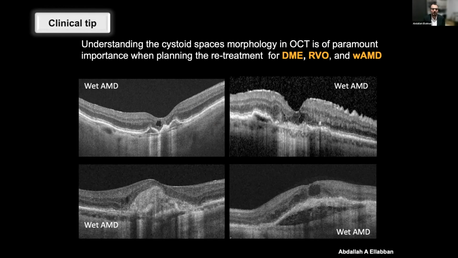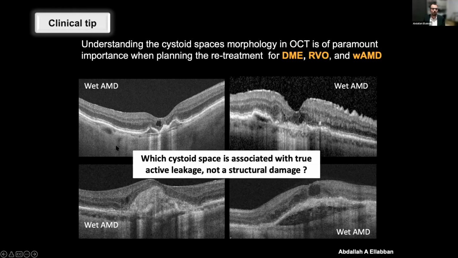So it's a sign of damage of the retina, and this can give us some insight when we start treating these cases. Interestingly, in wet AMD or other pathologies, sometimes these structural cysts are a sign of damage rather than a sign of leak.